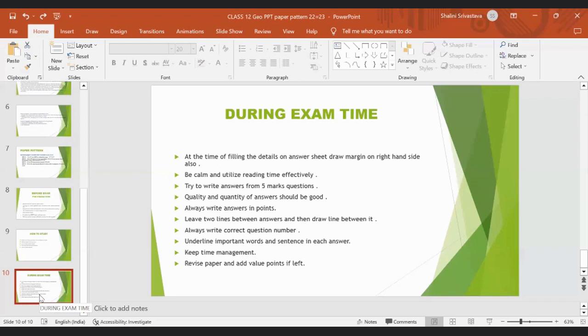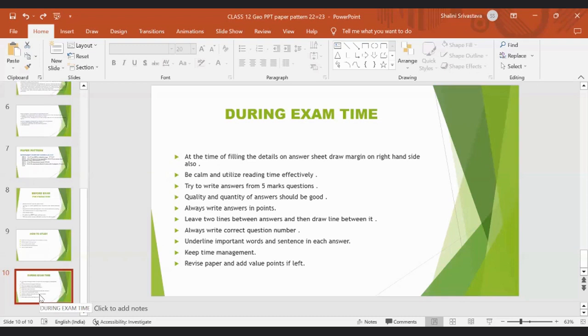Always write answers in points. Leave 2 lines between answers and then draw a line between them. Always write the correct question number, because that is important when the examiner is filling in the marks.